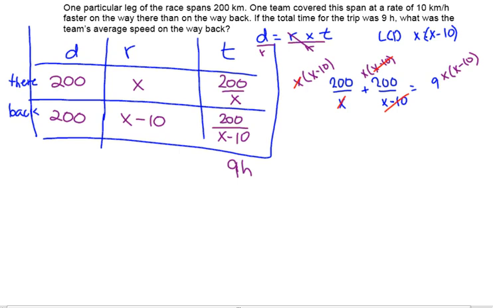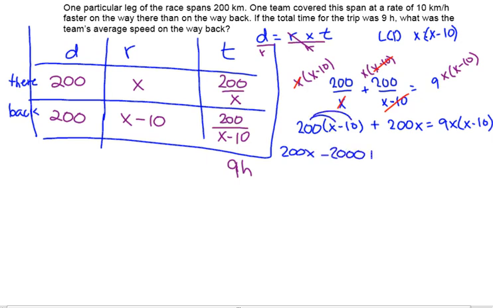We have 200 times x minus 10 plus 200 times x equals 9x times x minus 10. Okay, so let's expand this and then see what we have to do. So 200x, we're going to distribute, minus 2,000 plus 200x equals 9x squared minus 90x.